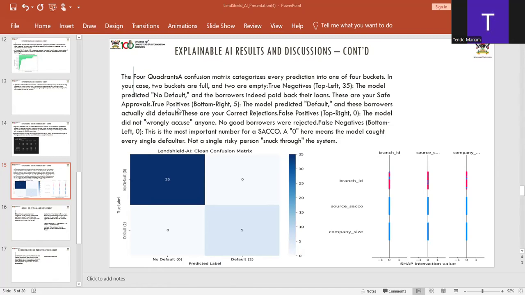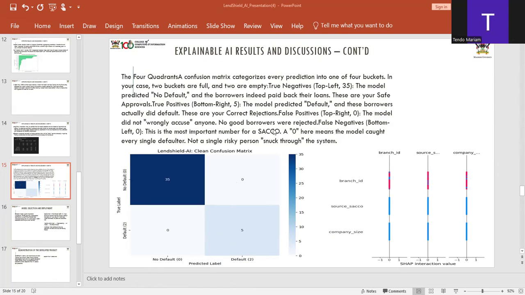And then the true positives, bottom right, the ones that have 5: the model predicted default, and these borrowers did default. They didn't pay the loans, so the model did not wrongly flag anyone.